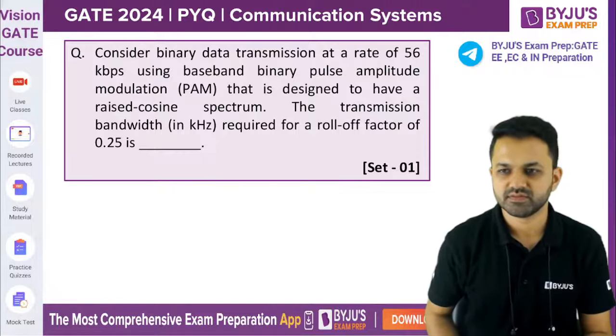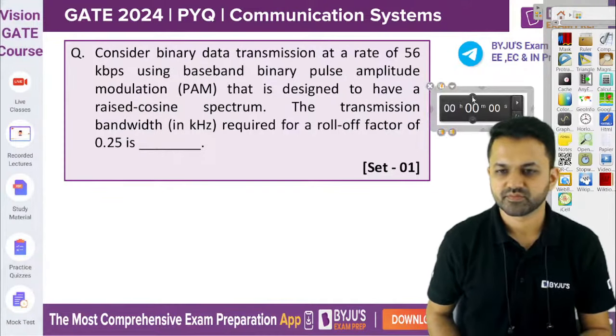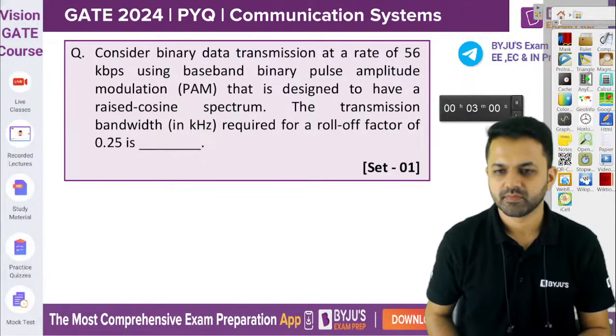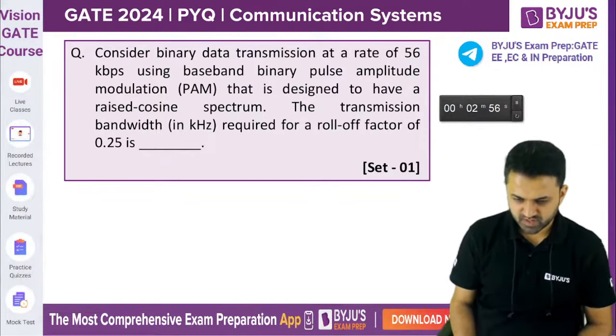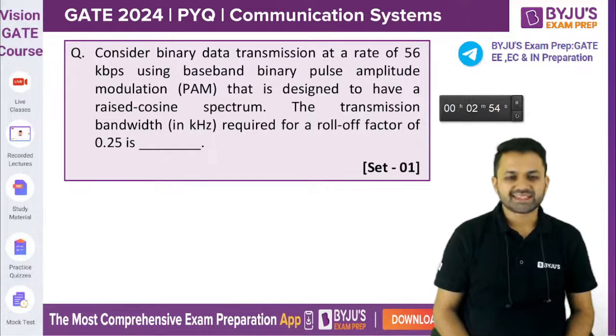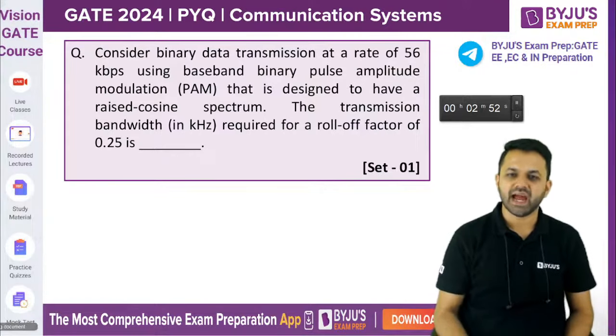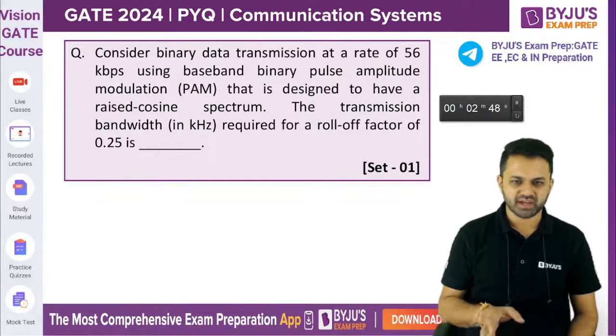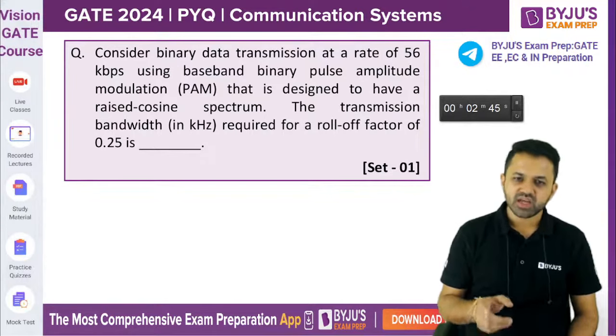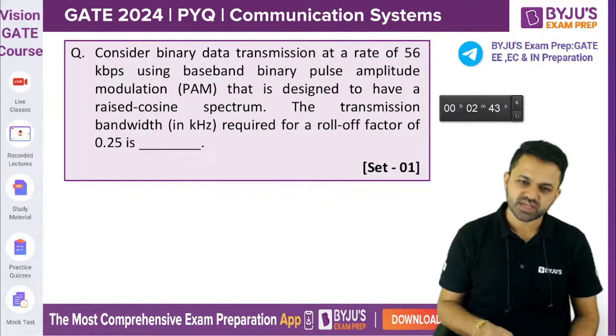Now answer this. Consider binary data transmission at a rate of 56 kbps using baseband binary pulse amplitude modulation that is designed to have the raised cosine spectrum.